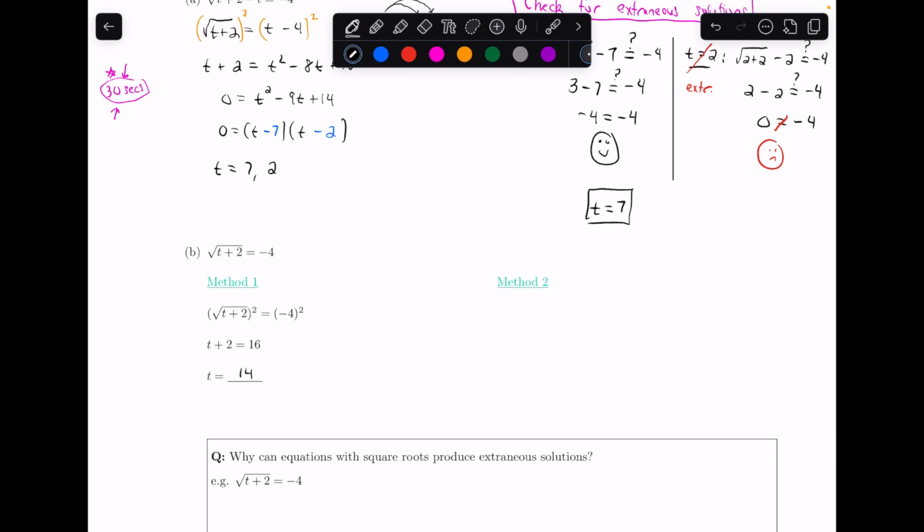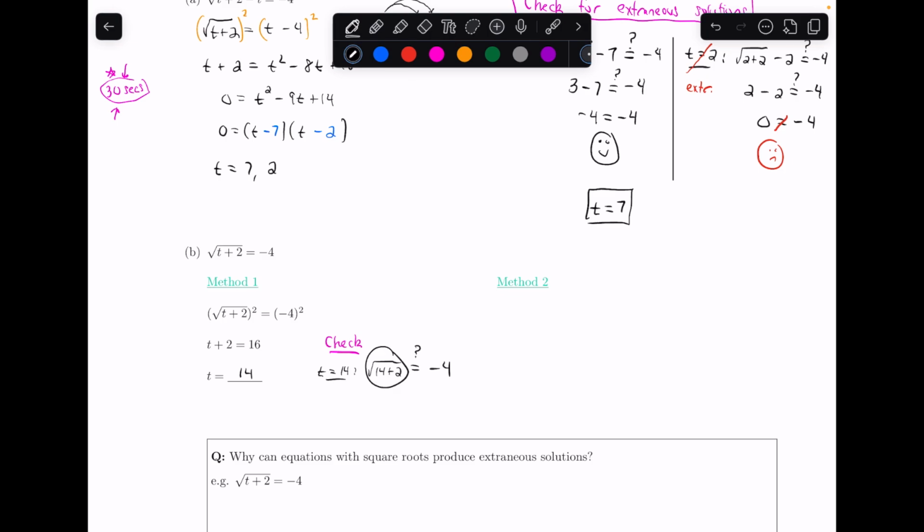Because I had a variable inside of an even root, I need to check this answer to see if it works. If we plug in t equals 14, I'll get the square root of 14 plus 2 equals question mark. Does it actually equal -4?